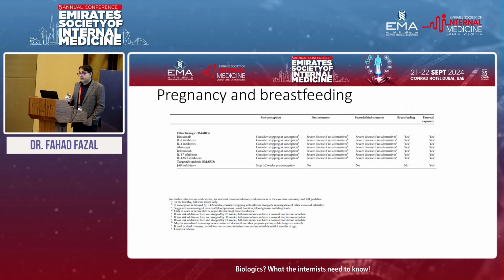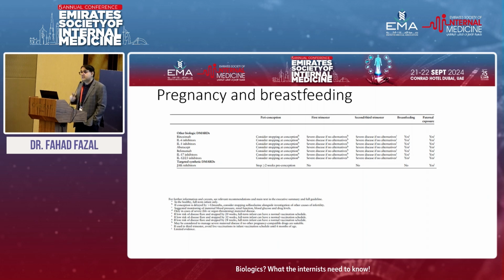What about the other biologic agents? For all the other biologics, which are rituximab, IL-6 inhibitors, IL-1 inhibitors, IL-23 inhibitors, and IL-17 inhibitors, they should be stopped before pregnancy. There is currently not enough data to support their use. In the first, second and third trimester, it says here: severe disease if no alternatives.